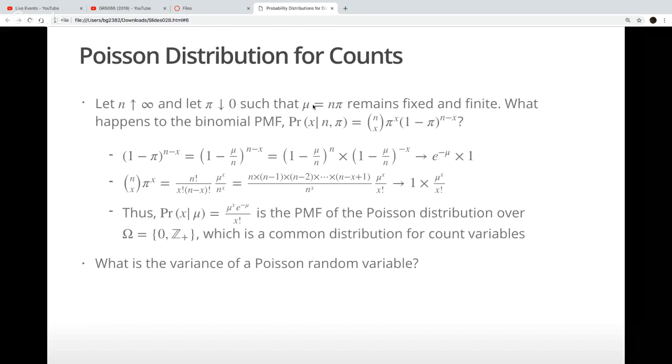And the fact that the mean and the variance are the same number is an interesting fact. It's not actually a good thing for the purpose of applying this to a lot of social scientific situations, because a lot of times we find with count variables, empirically, the variance is greater than the mean, and thus the Poisson distribution is not so appropriate for that. Because it only has one parameter, it has limited flexibility.